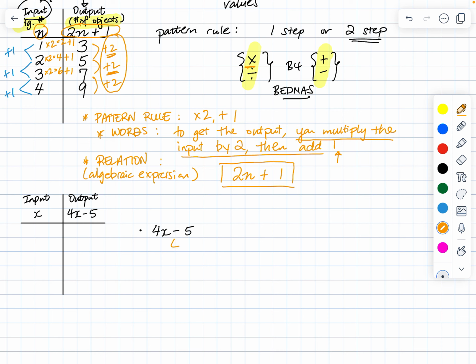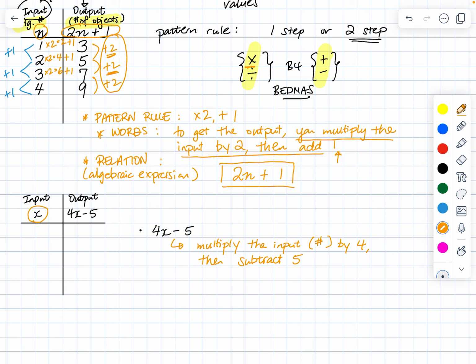Okay, so the meaning of this algebraic expression or relation is that you multiply. Now, I forgot to tell you, you should do it in the context of what x is. So you're going to multiply the input, which is x, like the number, by 4, then subtract 5, because that's how the input and the output are related, or that's how you get the output from the input.